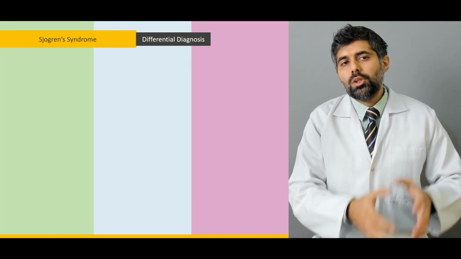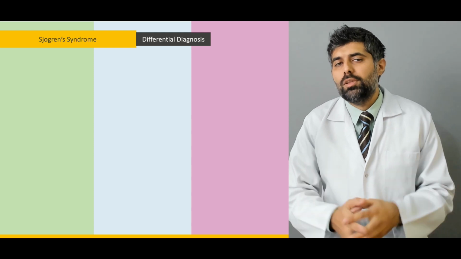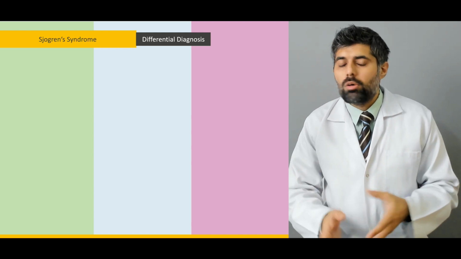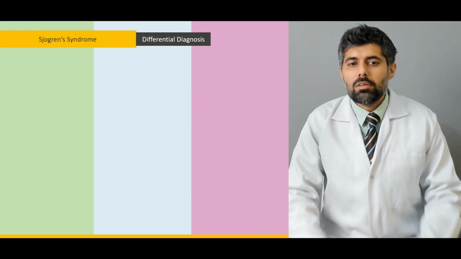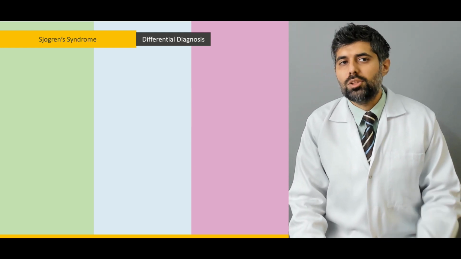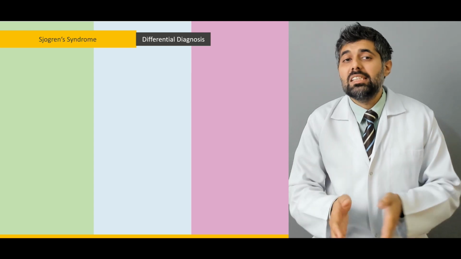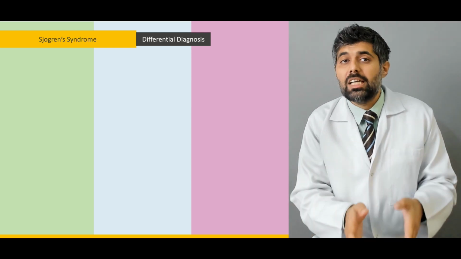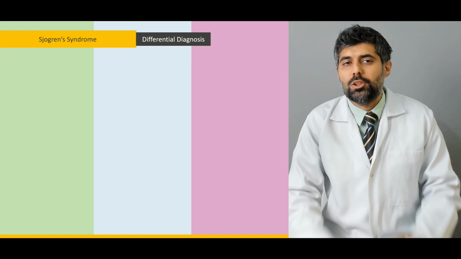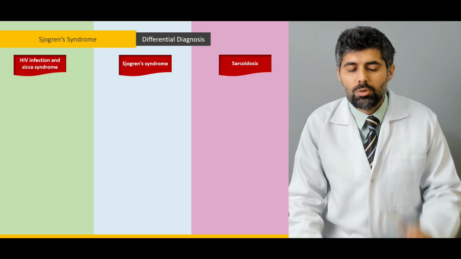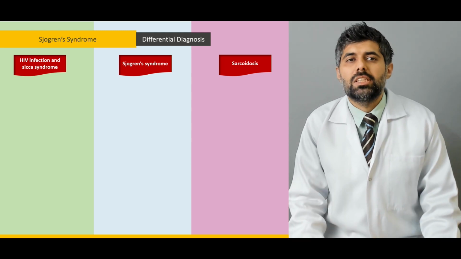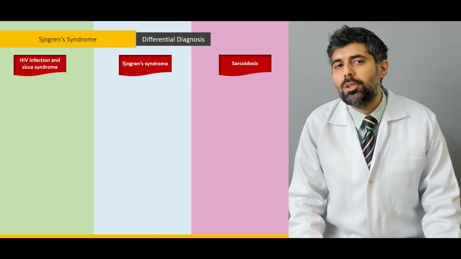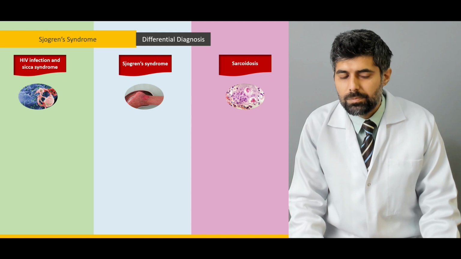Now, these were the differential diagnoses of the sicca symptoms or various symptoms of Sjogren syndrome. Here, we will have differential diagnosis regarding various diseases which follow the same symptomology as the Sjogren syndrome. Now, these are the HIV infection along with the sicca syndrome, Sjogren syndrome, and sarcoidosis.